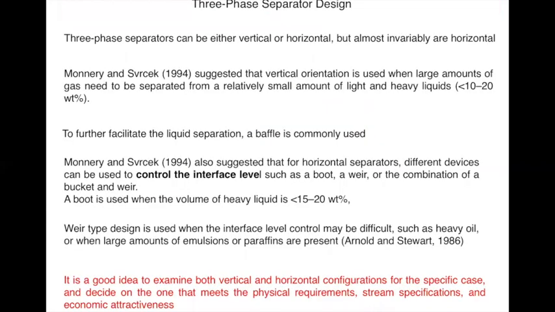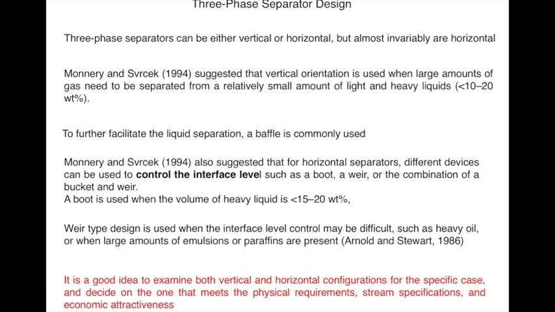Now let's come to the more important part, which is called three-phase separator design. Now you see the three-phase separator can be either vertical or horizontal, right? So we have seen that this vertical column is there, which is used to separate by gravity, and the horizontal separator also, which is also separating by gravity.